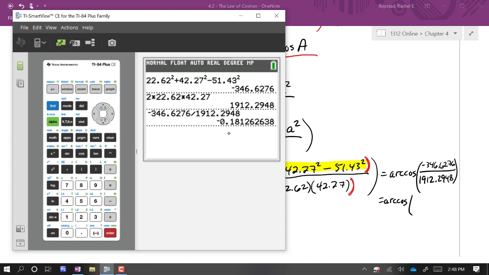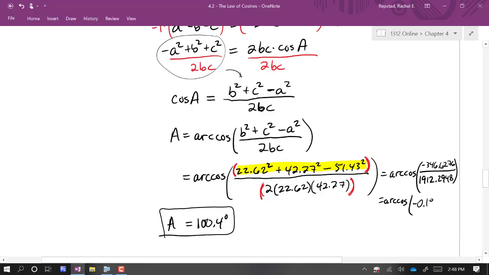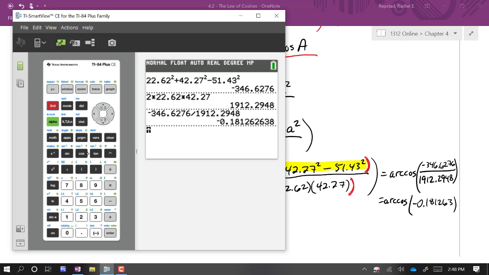Negative 0.181263. I would go out at least that far. Try not to round too coarsely. That can lead to inaccurate results. So negative 0.181263. And then I can take arc cosine of that.